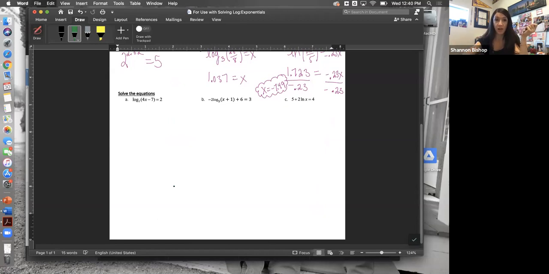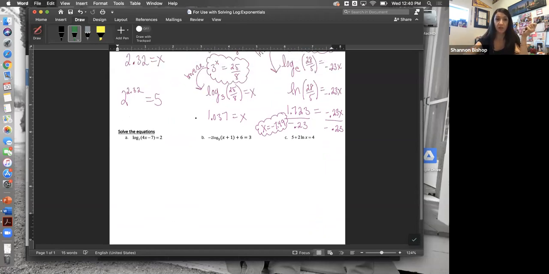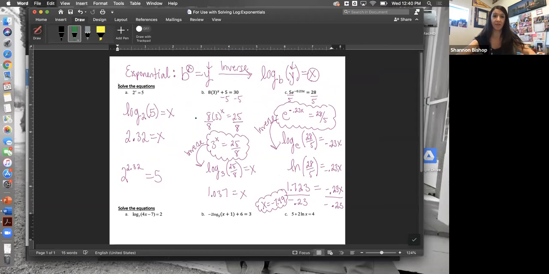The reason you cannot add 7, ladies and gents, is because 4x minus 7 is part of this whole thing in the logarithmic statement. That quantity is not just any old quantity that you can algebraically manipulate.